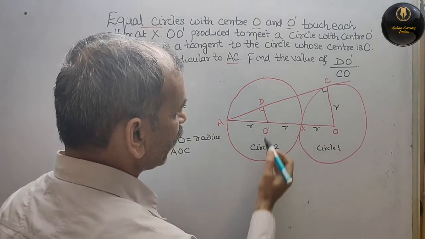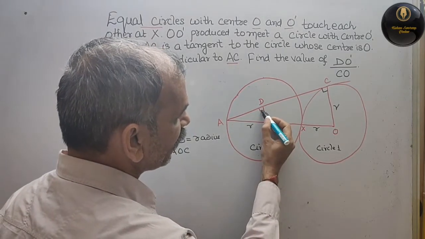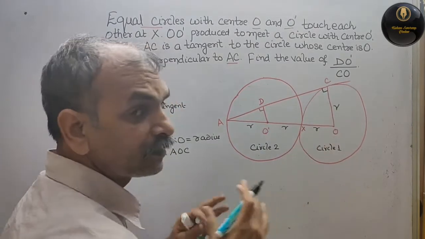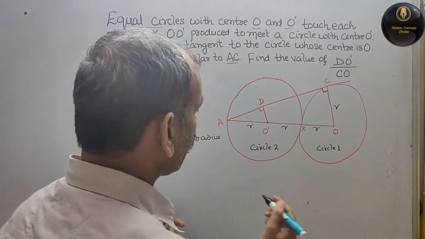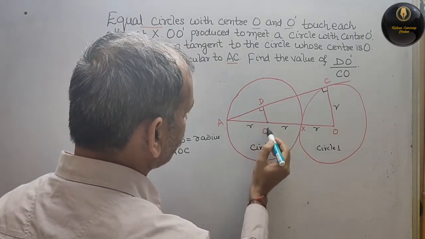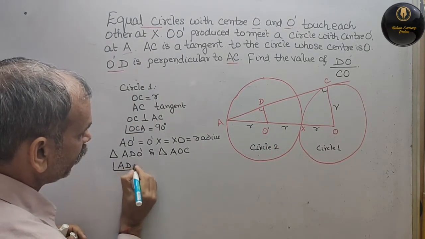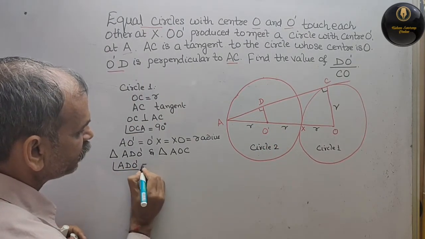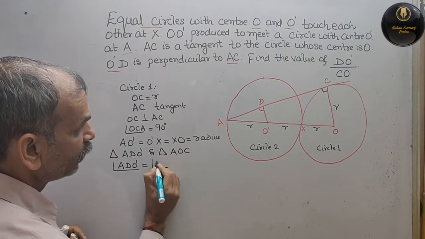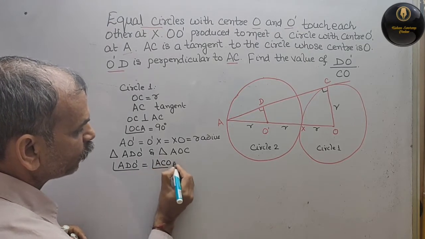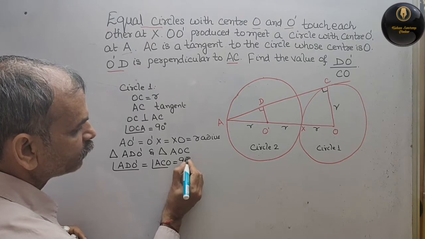Now you can see that here angle D or here angle C, they are 90 degrees. So now we can say angle ADO dash is equal to angle ACO, that is equal to 90 degree.